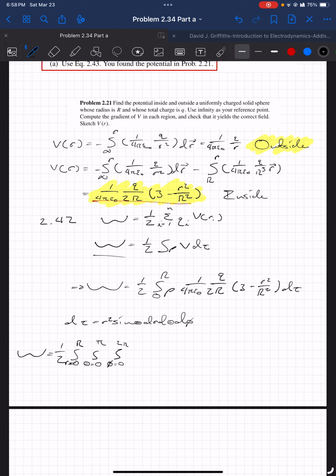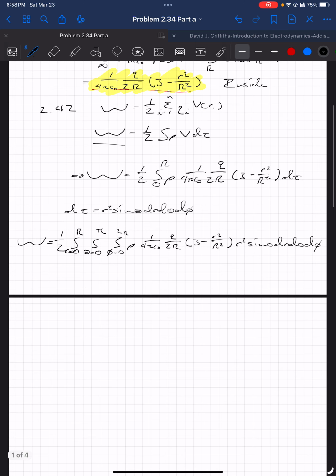And this all is the integral of rho, 1 over 4 pi epsilon naught q over 2R, in parentheses 3 minus small r squared over large R squared, multiplied by r squared sine theta dr d theta d phi.